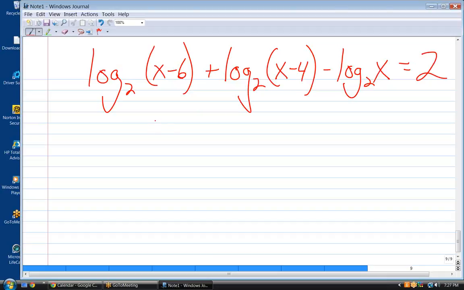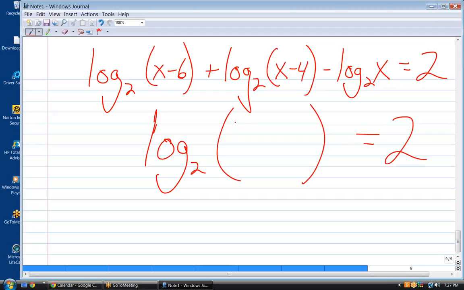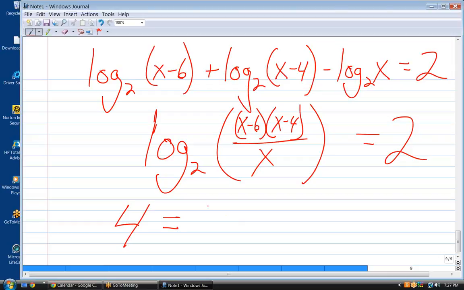Compress all three of these into one log. x minus 6 times x minus 4 all over x. Okay. Express it exponentially. 2 squared equals x minus 6, x minus 4 over x.